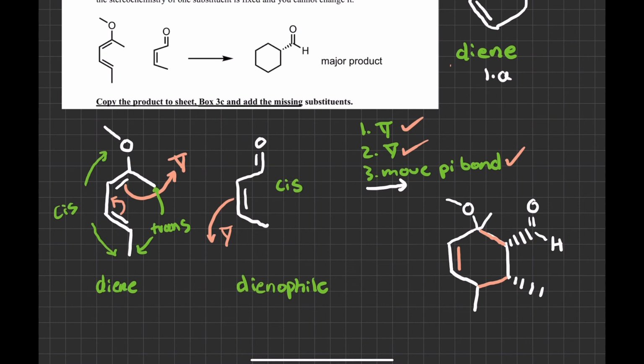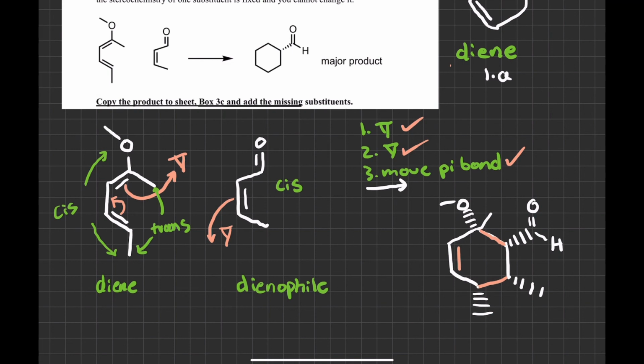Now let's look at the stereochemistry of the diene. So we set the ether and the methyl group down below. The ether and the methyl group down below were in cis conformation with one another. Therefore, if we're making the ether dash form, the methyl group below should also be dash form, facing away from us.